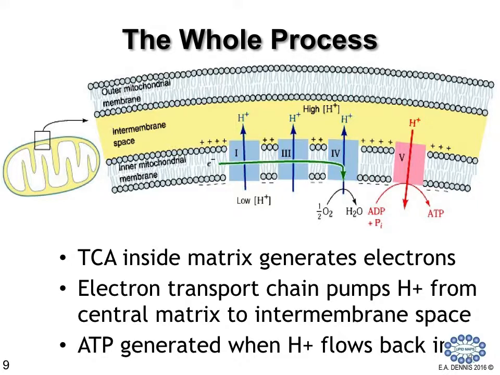That gradient is dissipated when the protons flow back inside through the complex 5, or the ATP synthase enzyme, to convert ADP to ATP. In summary, we should think about this as a completely integrated process of electron transport driving the synthesis of ATP, which provides in the matrix the energy units to drive biosynthesis.